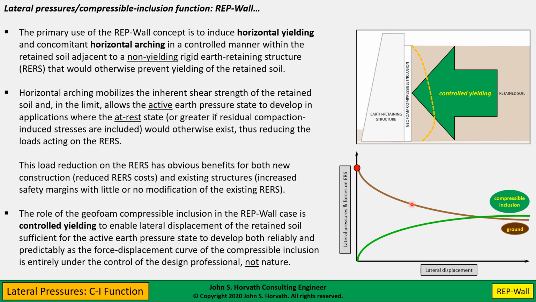We can't control the ground, can't control this curve, but we can control this curve by selecting the appropriate material and product so that we reduce the forces on the structure to the active state. In this case, and I just showed it a little bit simplistically here, we're basically trying to come up with a compressible inclusion that just matches where this ground curve plateaus at the active state. And we can't control this, but we can control this.